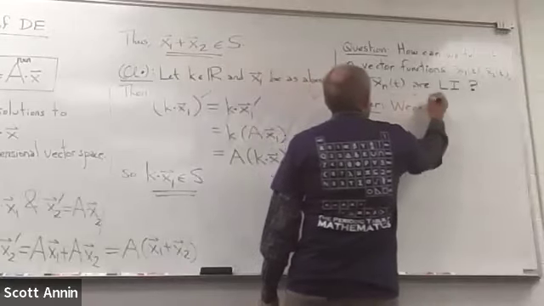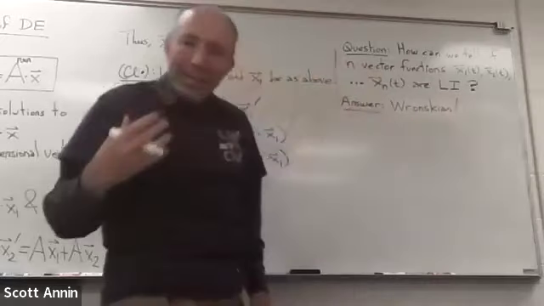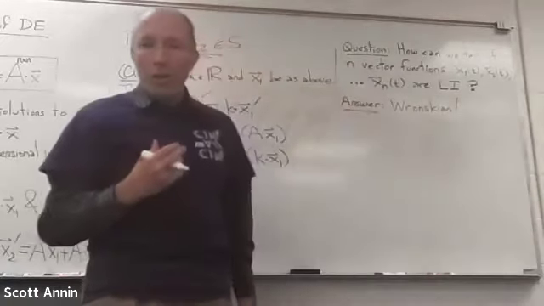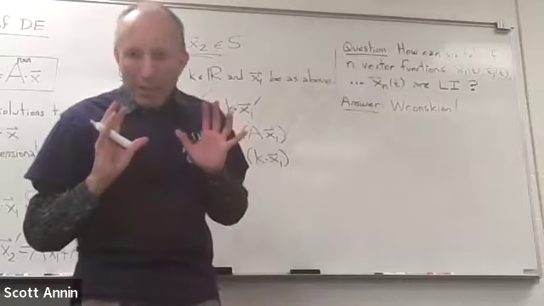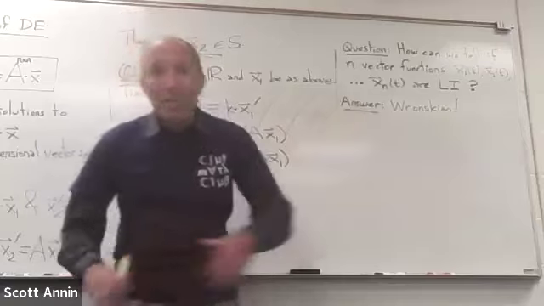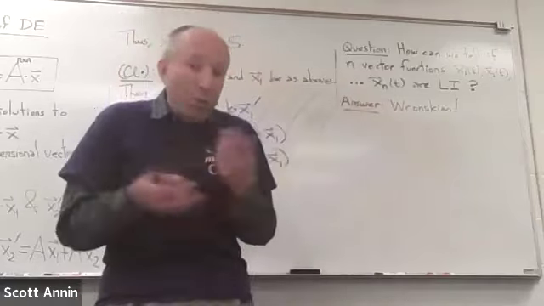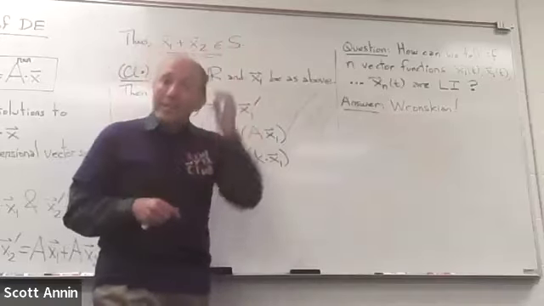So the Wronskian in this case is not going to be the same Wronskian that we have seen before. The spirit of this result is exactly the same as before. Namely, as long as the Wronskian is not 0, then my solutions will be LI. That is going to be the same.